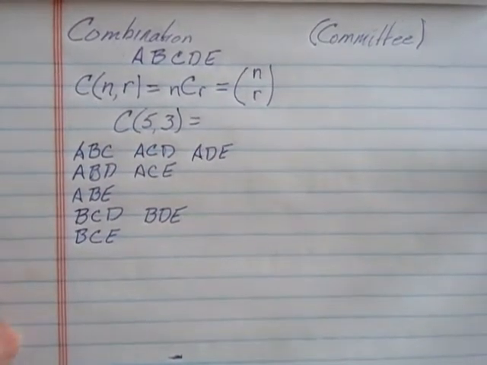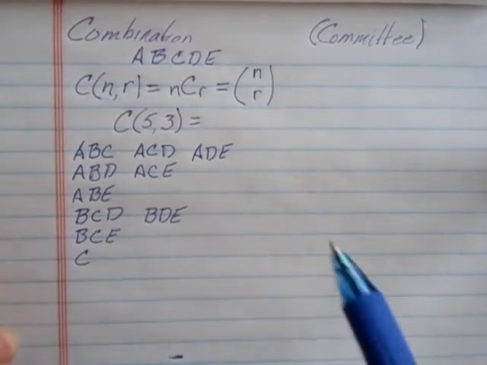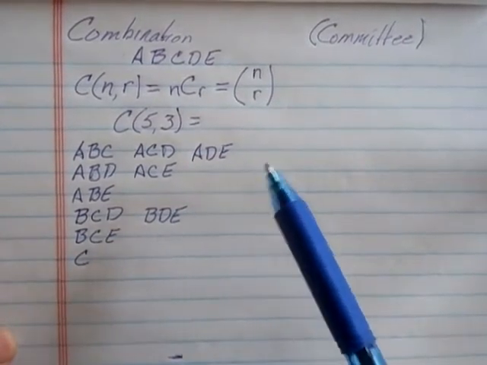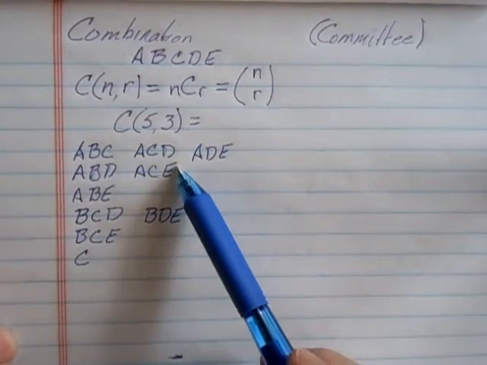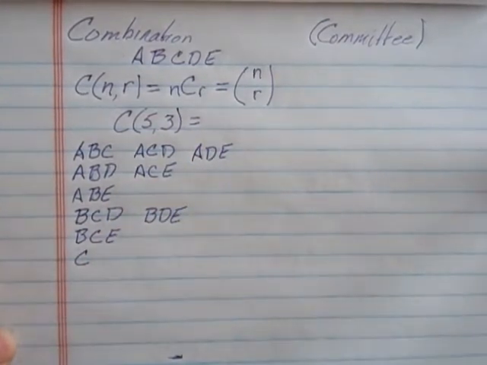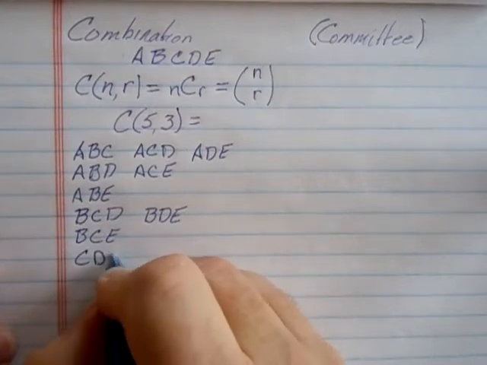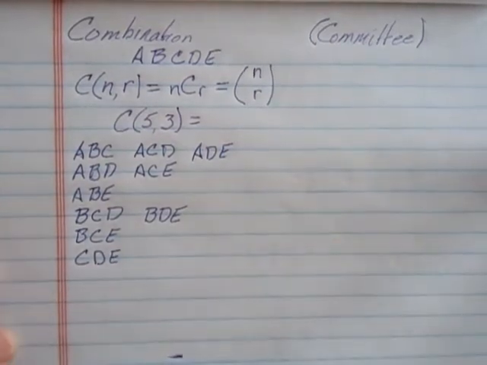Okay, let's worry about all those that have a C in it. We've got some that have C in it already, in fact quite a few. Notice there's 1, 2, 3, 4, 5. There's 5 of them that already have a C in it. C, D, and E, there's the 6th one that has a C in it.